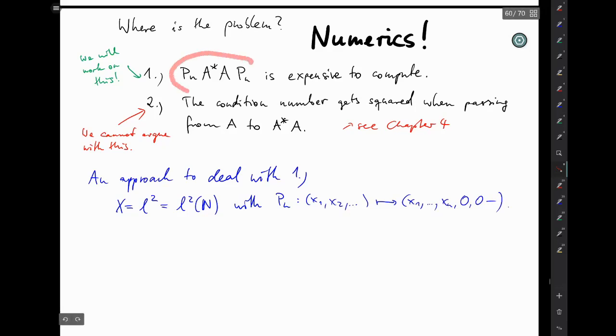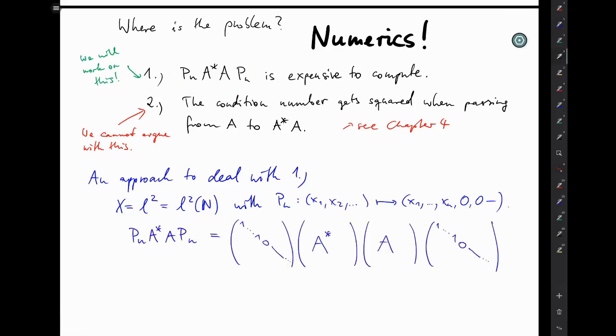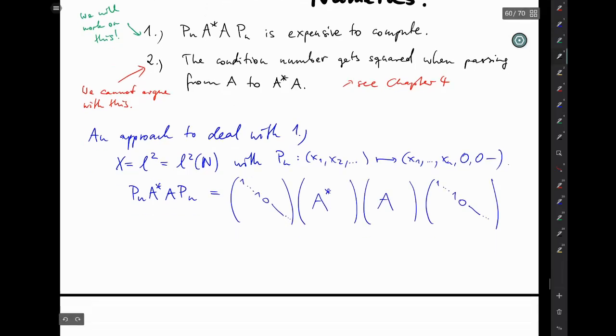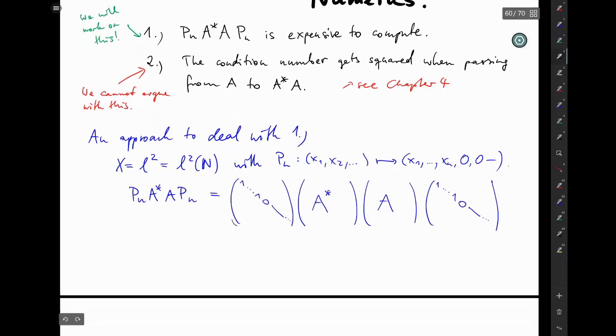Then our expensive to compute expression, if you express it via matrices, looks like this. So let's compute this factor here and that factor here.